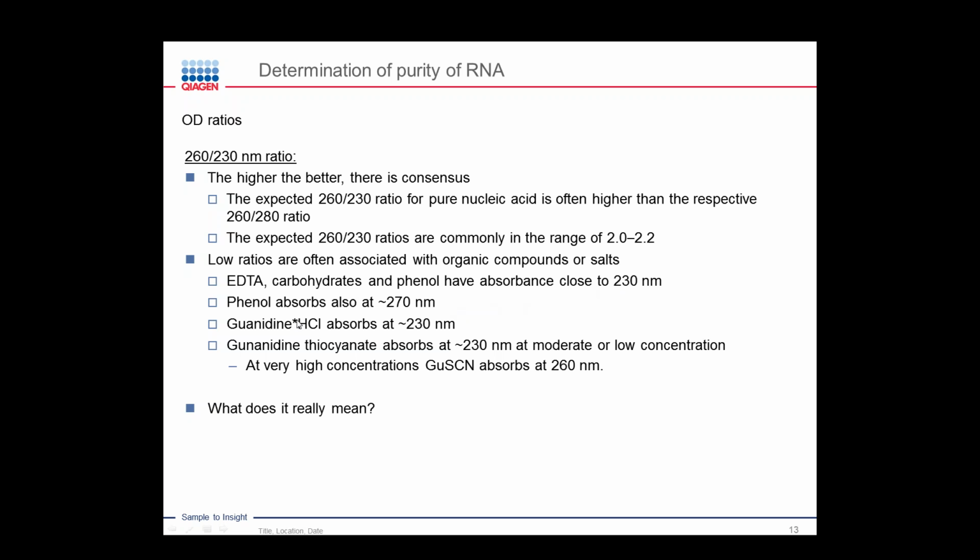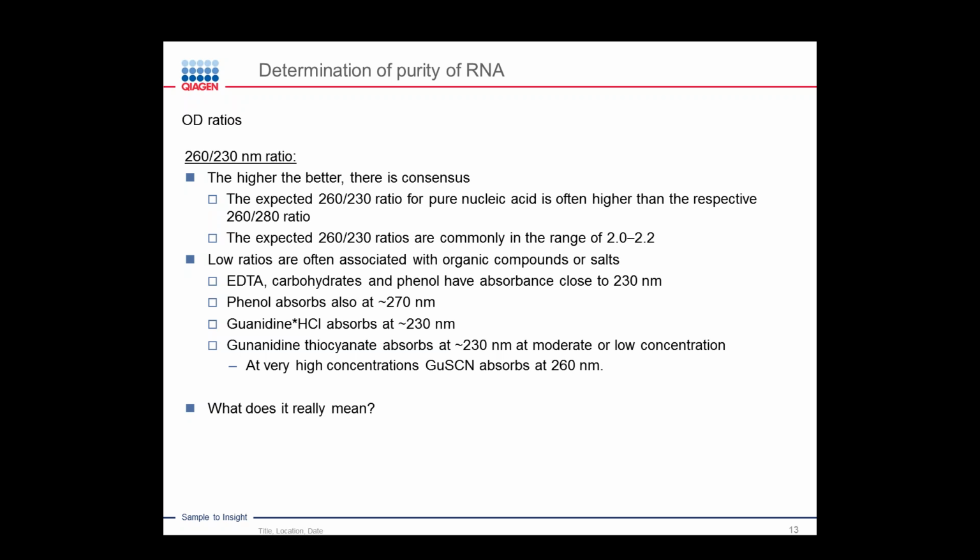Phenol also absorbs at 270 nanometers and generates an A260/280 of 1.2. As discussed before, nucleic acid preparations uncontaminated by phenol should have a 260/280 ratio of around 2. Therefore, contamination by phenol can significantly contribute to overestimation of DNA concentration.